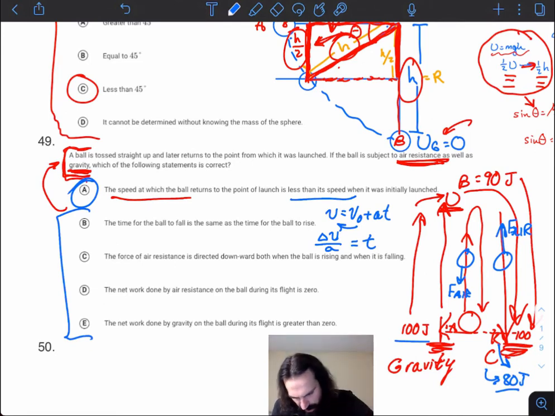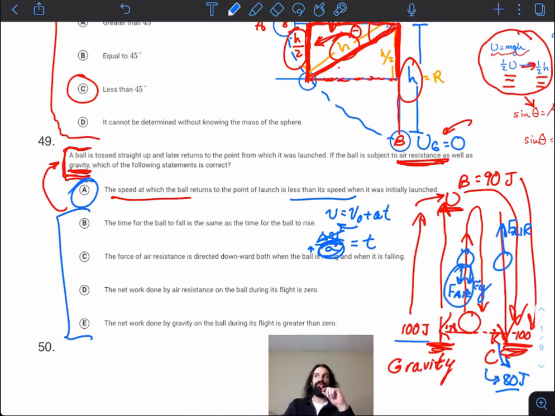Oh, in that case, when it's going up, you have the gravity and air resistance both pulling down. So there's a bigger net force down, which means there's a bigger acceleration. I actually don't think you can use this because the change in velocity up is not going to be the same as the change. Oh, it is the same because the air resistance force.